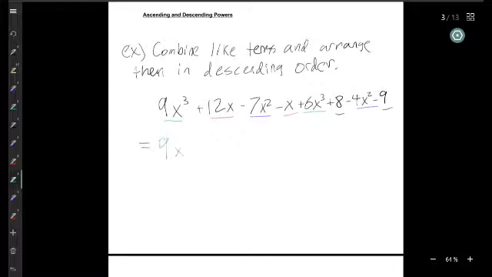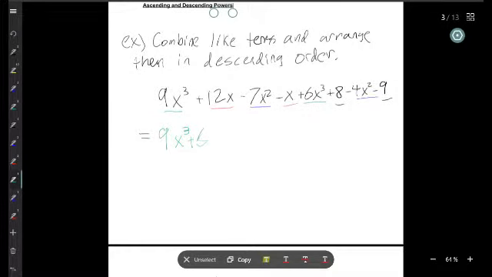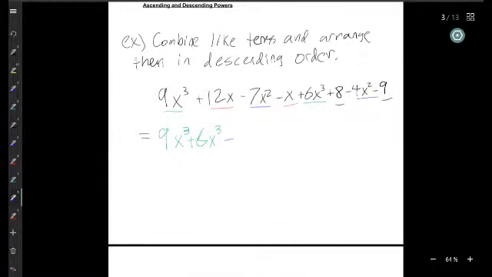We have 9x cubed plus 6x cubed and then minus 7x squared minus 4x squared, for the x terms, plus 12x minus x, and then plus 8 minus 9 in constant terms.